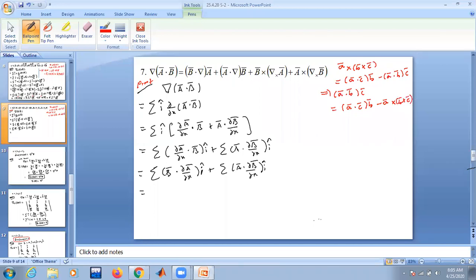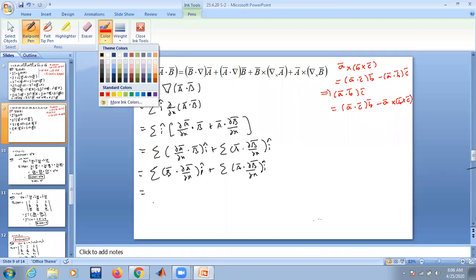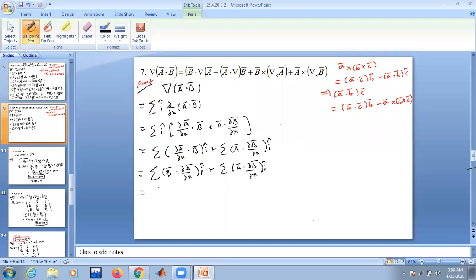Now you see here, it is in the form (A · B) C. So if I use that formula, what would be this expression? (A · B) C = (A · C) B − A × (B × C). A · C into B means Σ (B · i) ∂A/∂x, minus A × (B × C), that means minus B × (∂A/∂x × i).